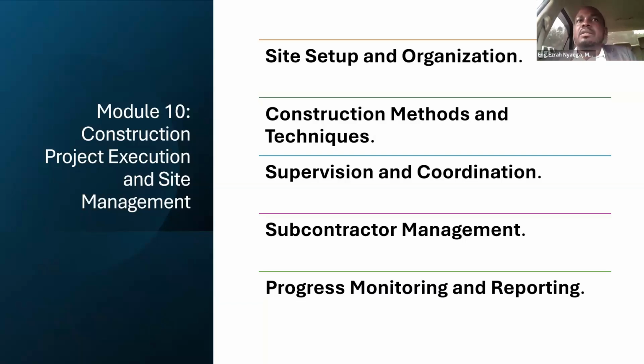Is it the different types of infrastructures, power lines? So we'll be able to look at site setup and organization, construction methods and techniques, supervision and coordination, subcontractor management, progress monitoring, and reporting. So we'll be able to have a discussion on all these different aspects.